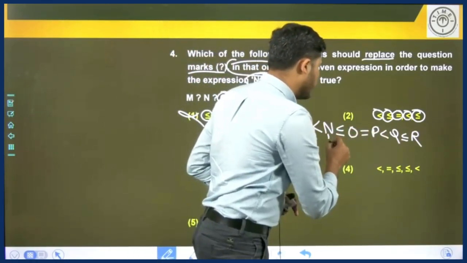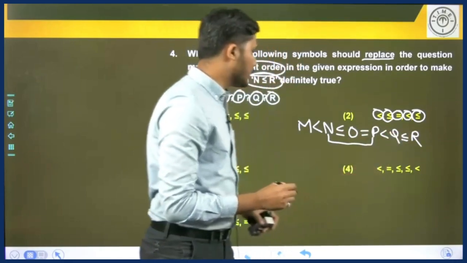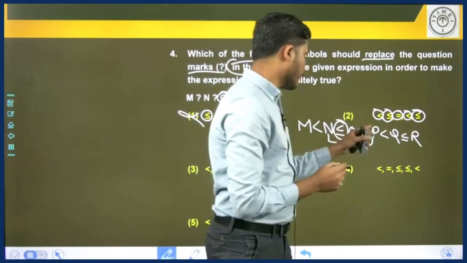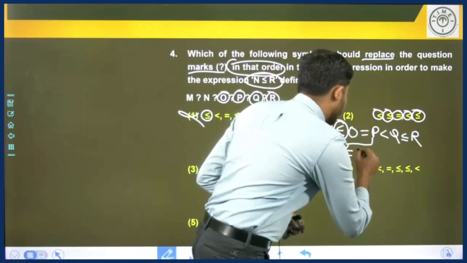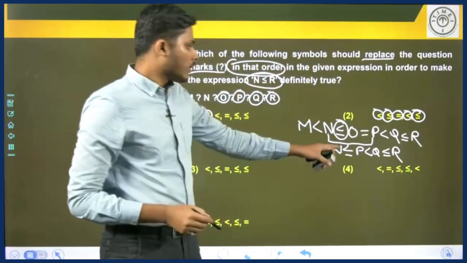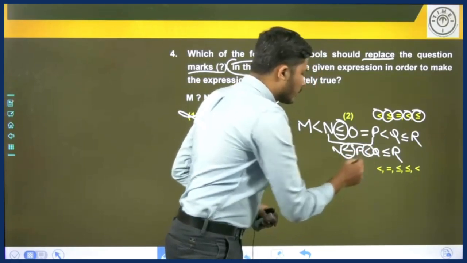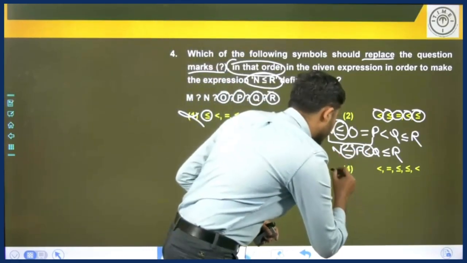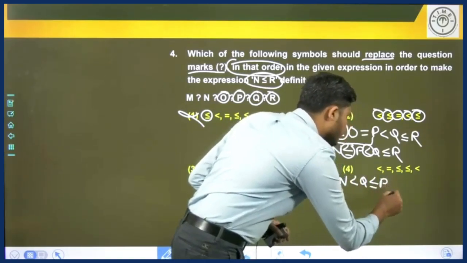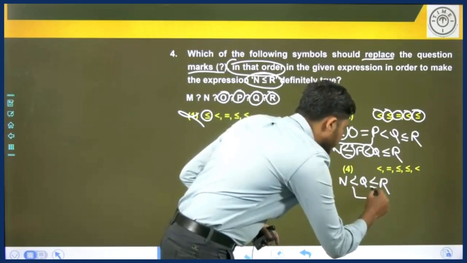So the new relation will be N less than or equal to P, and P less than Q, and Q less than or equal to R. Since the symbols are less than or equal to and less than, the relation between N and Q will be N less than Q, Q less than or equal to R. Here again the symbols are less than and less than or equal to, then the result will be less than.